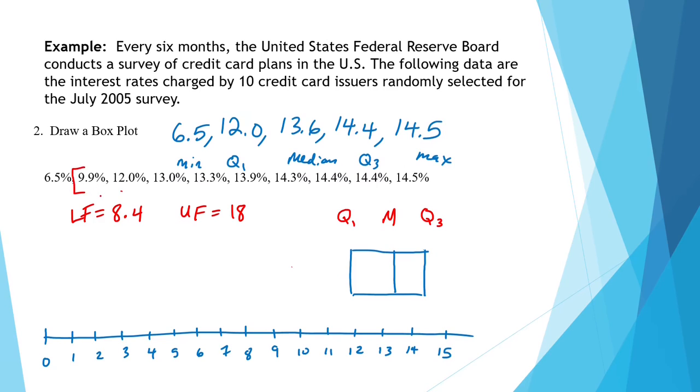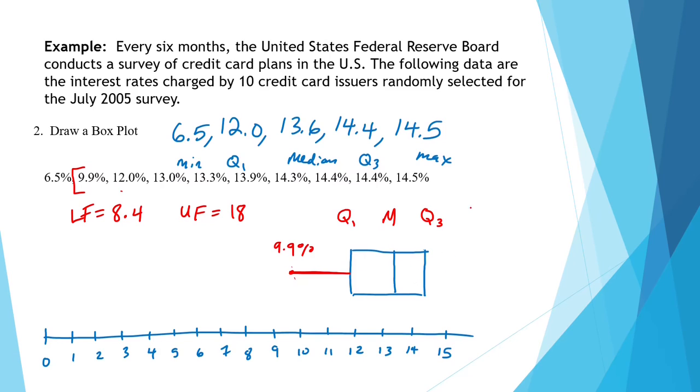That's the data value that's just within our fence, 9.9, and I will graph my whisker up to that point. We have 9.9 as the end point of our lower whisker because that's just inside our fence.